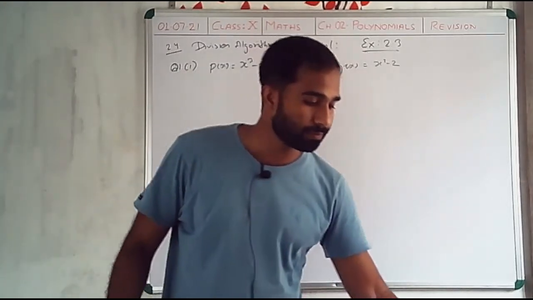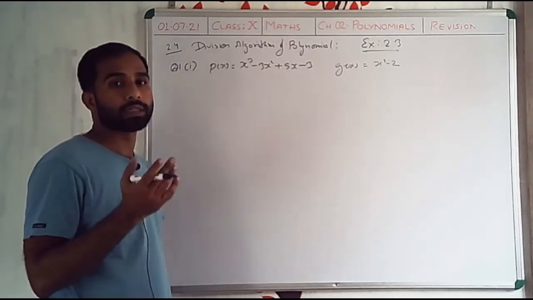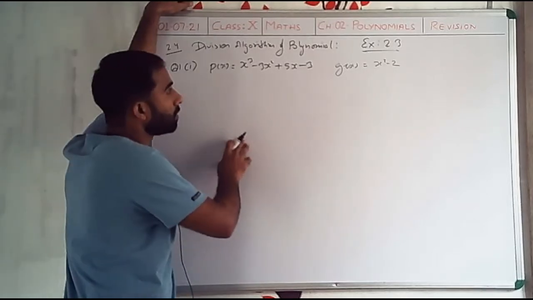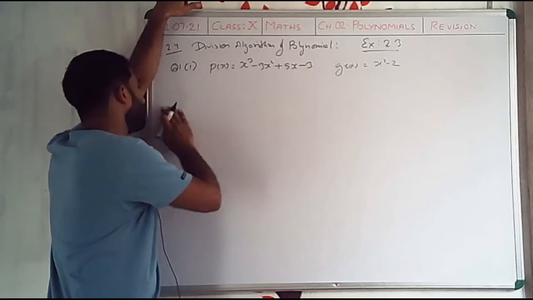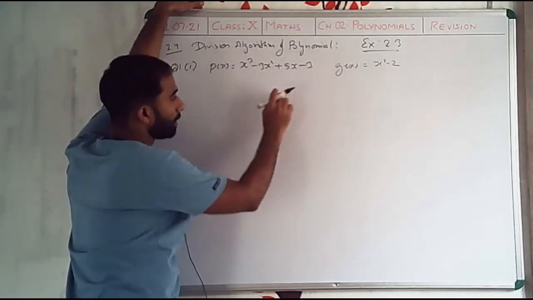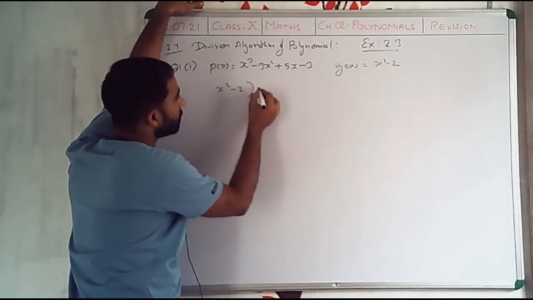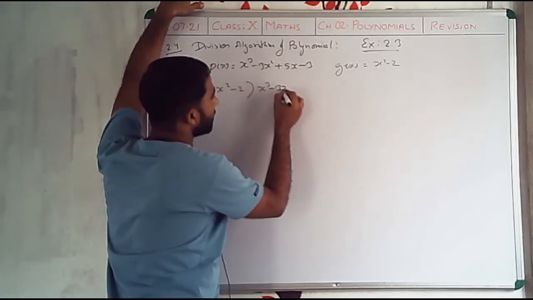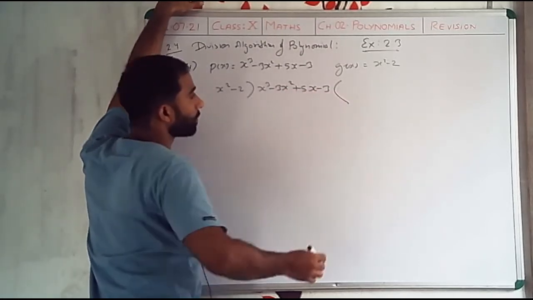So let's see what steps we have to use to find q(x) and r(x). In this topic please focus on how you will divide this polynomial by that polynomial. So x square minus 2 is going to divide x cube minus 3x square plus 5x minus 3.